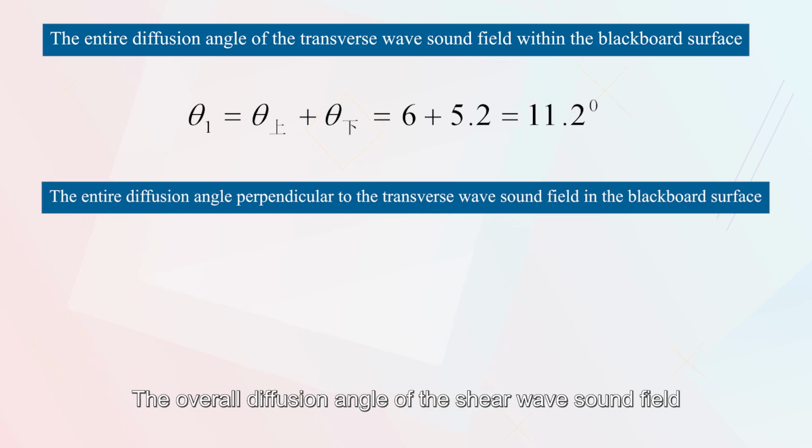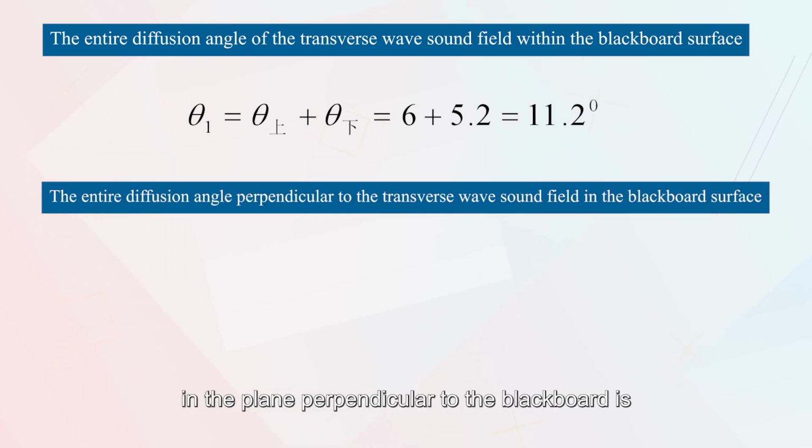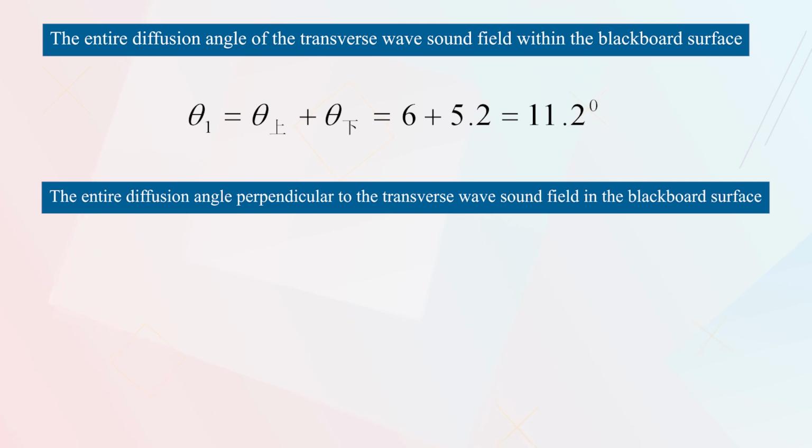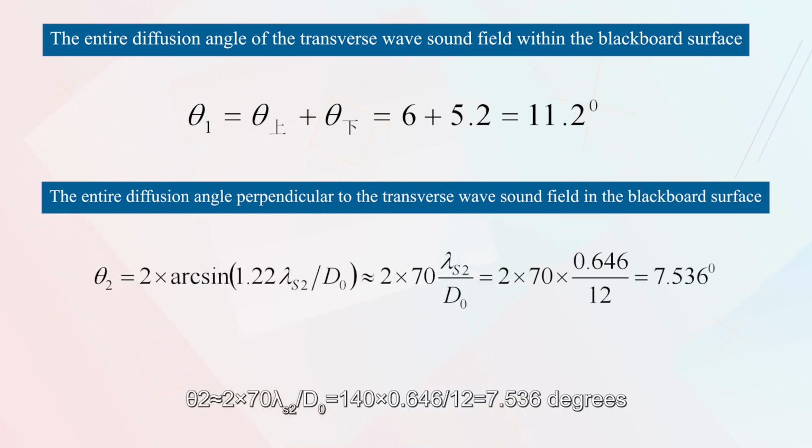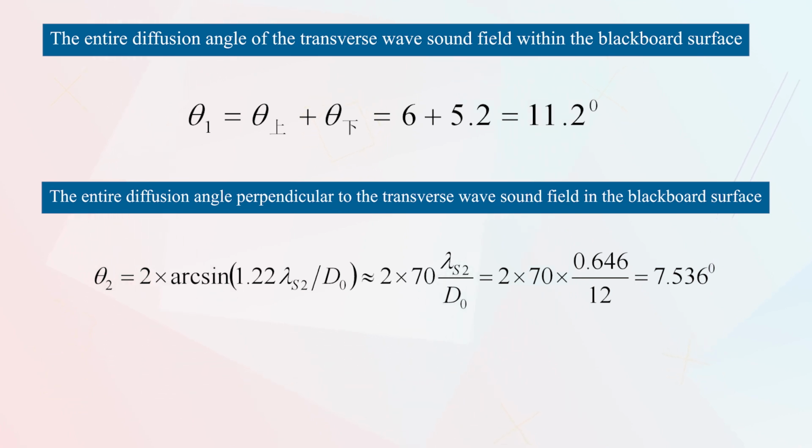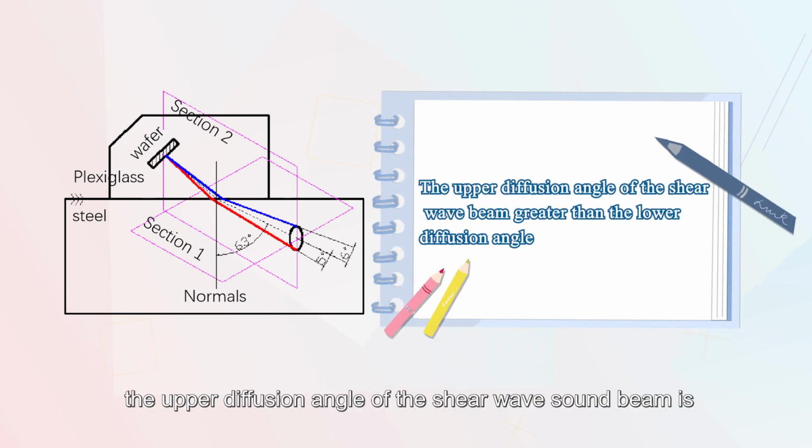The overall diffusion angle of the shear wave sound field in the plane perpendicular to the blackboard is theta, approximately equal to 2 multiplied by 70 lambda s2 divided by D0, which is equal to 140 multiplied by 0.646 divided by 11, which is equal to 7.536 degrees.